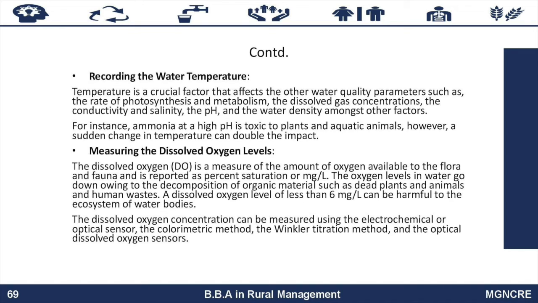A dissolved oxygen level of less than 6 mg per liter can be harmful to the ecosystem of water bodies. The dissolved oxygen concentration can be measured using the electrochemical or optical sensor, the colorimetric method, the Winkler titration method, and the optical dissolved oxygen sensors.